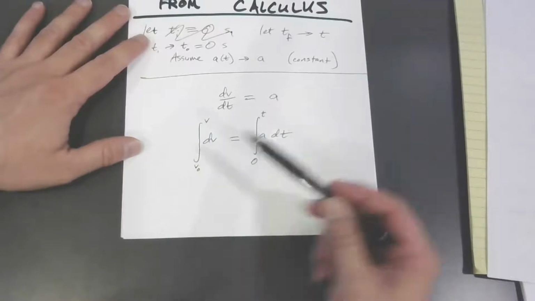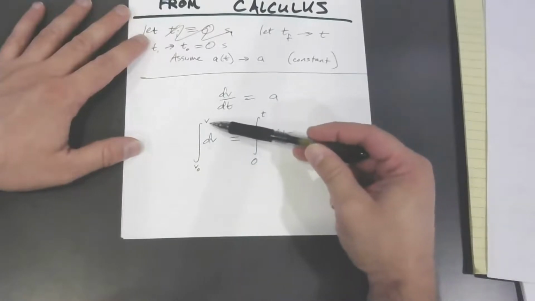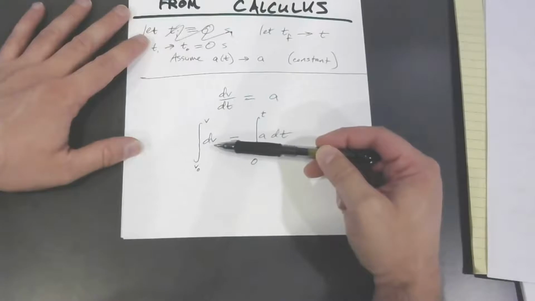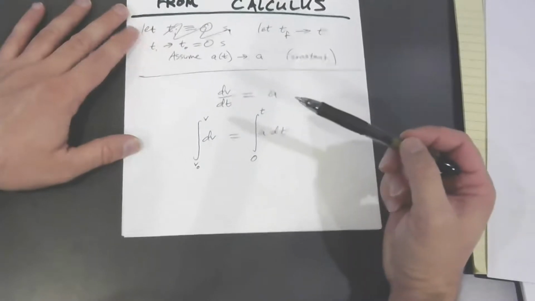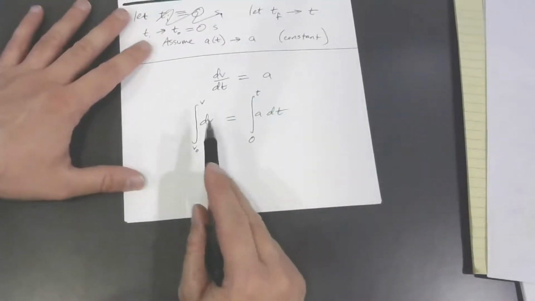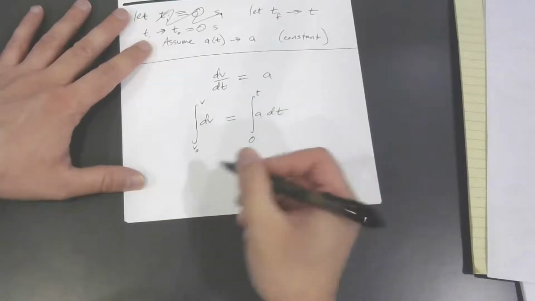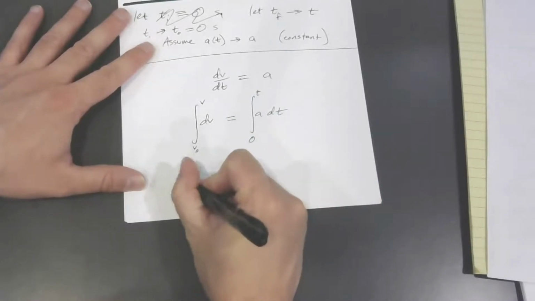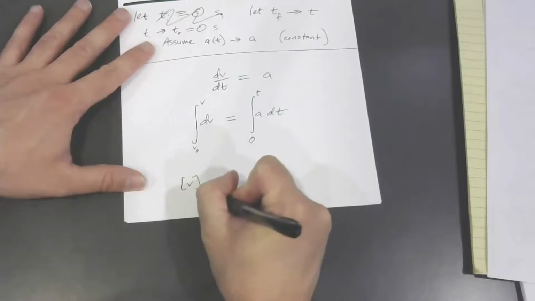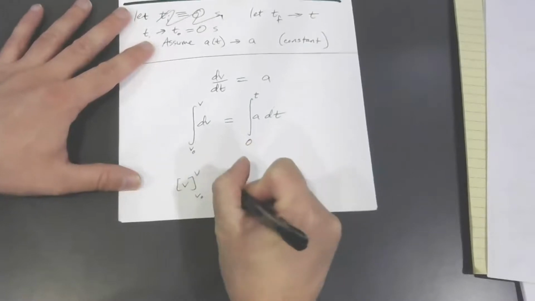The final velocity I will just call v, even though I'm also using the letter v as my integration variable. So this is common practice. The antiderivative of dv, or the integral of dv, is just v, evaluated at our upper and lower limits.